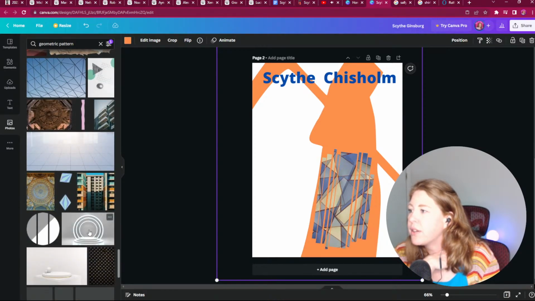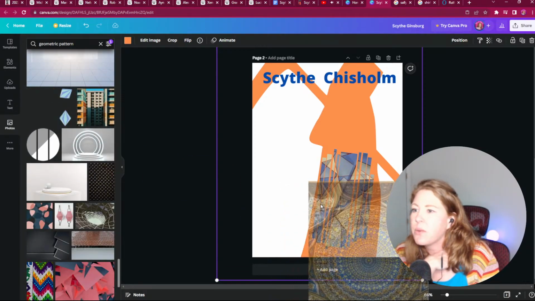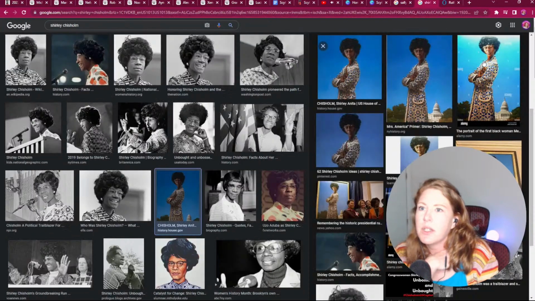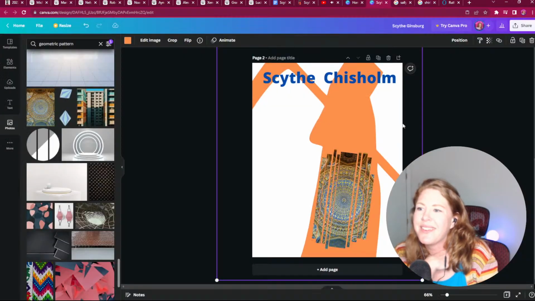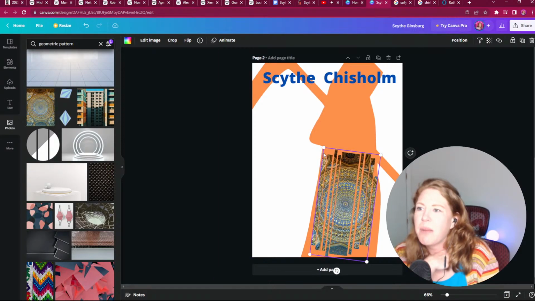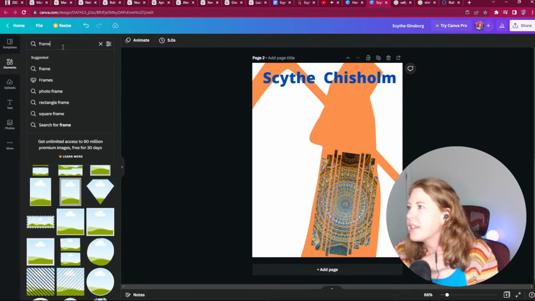Not really any good geometric pattern. This one's kind of a good one. This one kind of looks like the one that's on her, not really though. It just looks like the roof of a chapel. Okay, well, whatever. I'm gonna do that.